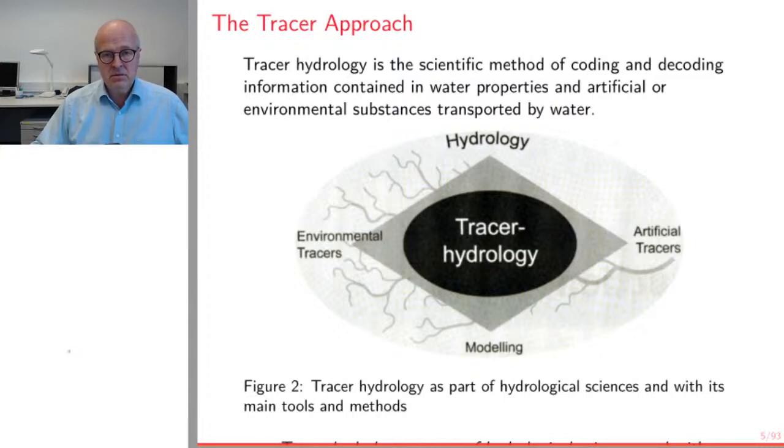I will teach you to not see these methods as completely separate methods or even antagonists, where you can do just this or just that. When I plan an artificial tracer experiment, I usually use environmental tracers as well, at least as a backup in case my artificial tracer experiment fails, so that I still have something to work with.